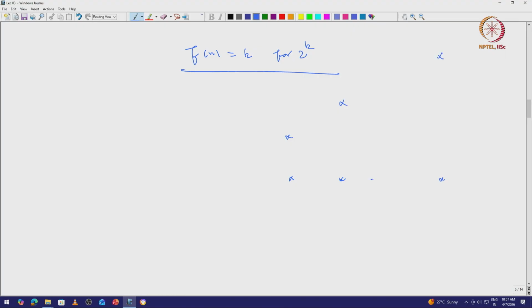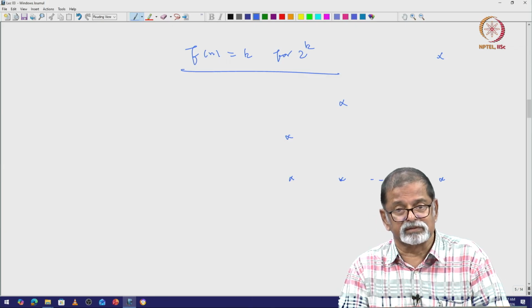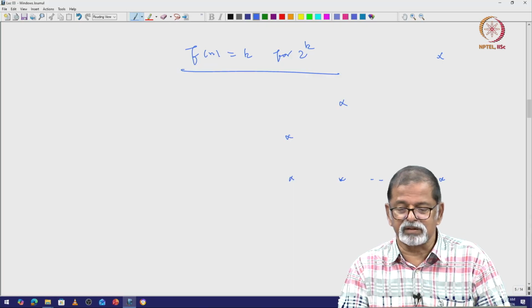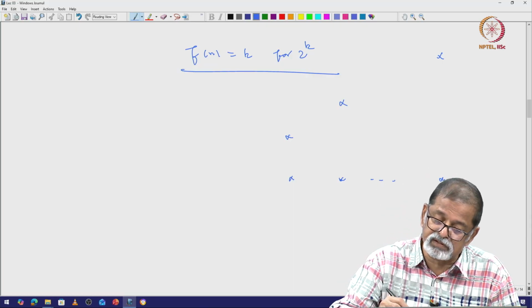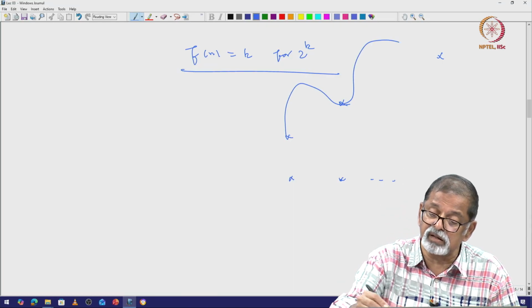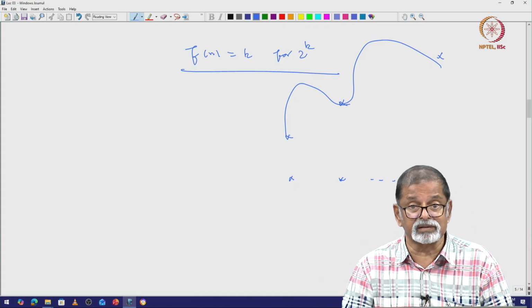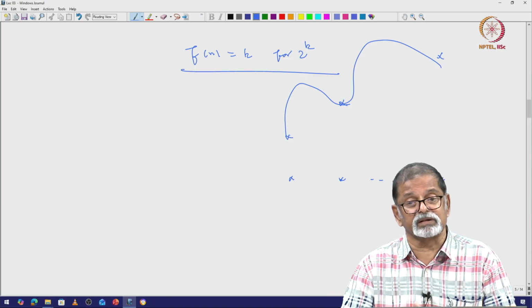In between, what is the value of that function? I do not have a closed form of f. I can't evaluate that. When it is a power of 2, I have a formula, but when it is not a power of 2, how do I get the bound? In between, the things can become way fluctuating that you may not have even a polynomial time bound.